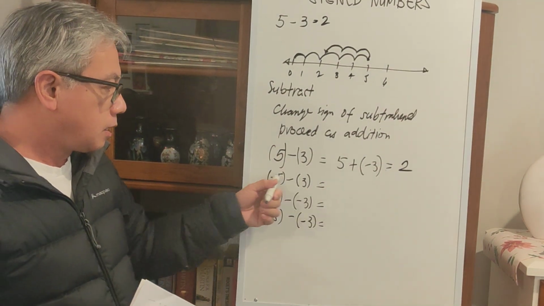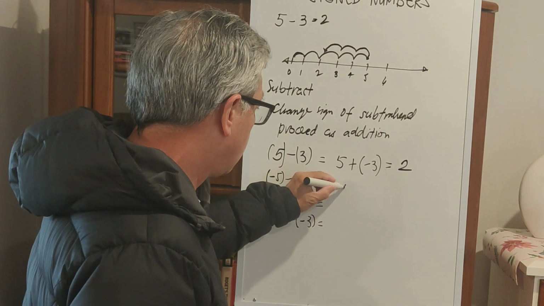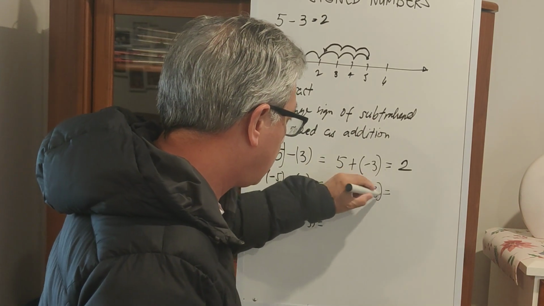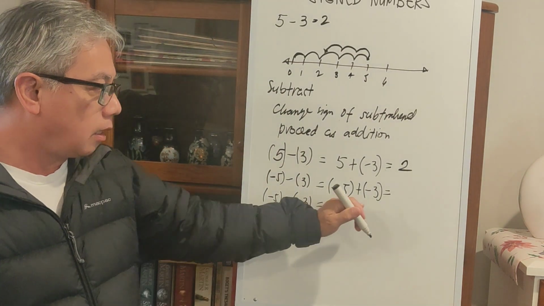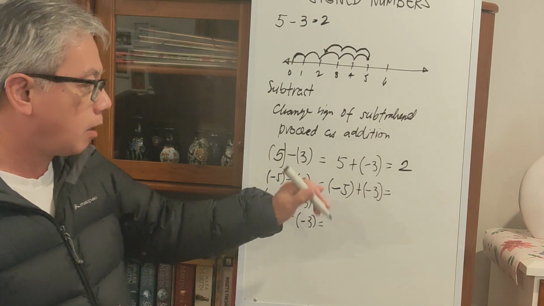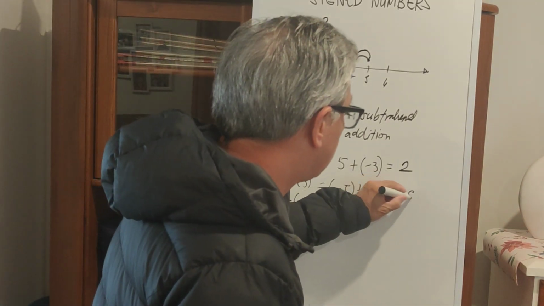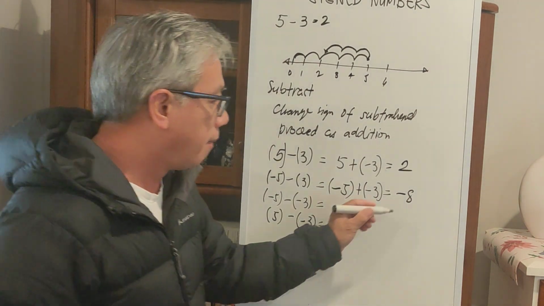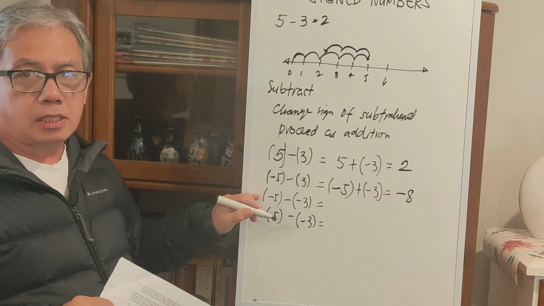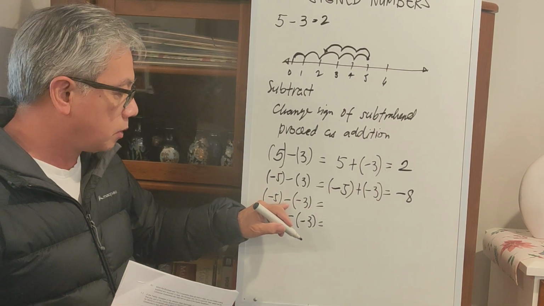In the next one, we change first to addition and then change the sign of the subtrahend. So this one becomes negative 5 plus negative 3. Now they are both the same sign, so you add and copy the sign. Negative 5 and negative 3 is negative 8. In the next one, first we change the subtraction into addition.